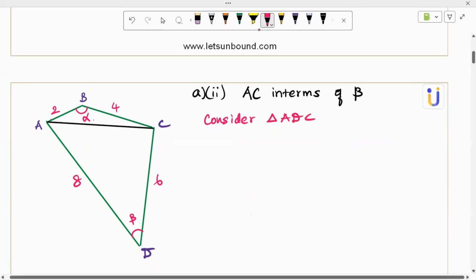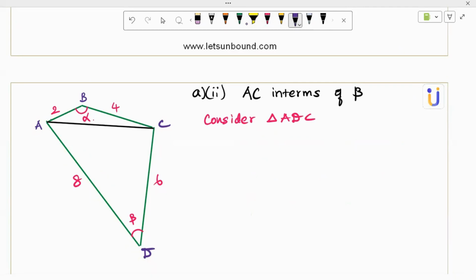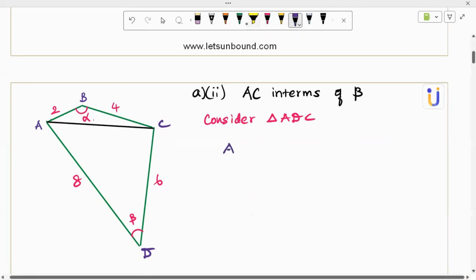It's quite easy because I want to include the beta now. So that's why we took this bigger triangle. And same formula: AC square is equal to the other sides. 8 and 6 are the other sides. You square and sum it, minus 2 times those two sides multiplied, times cos of the included angle, which is beta.